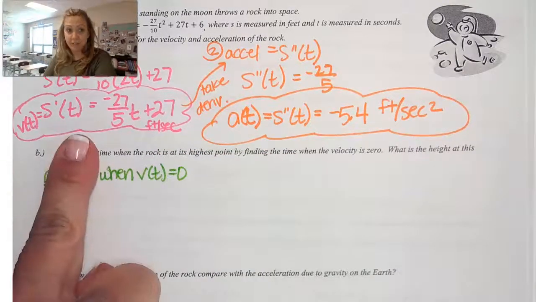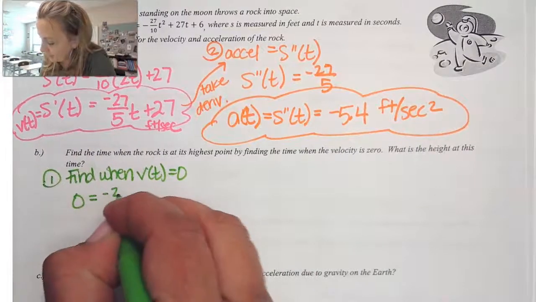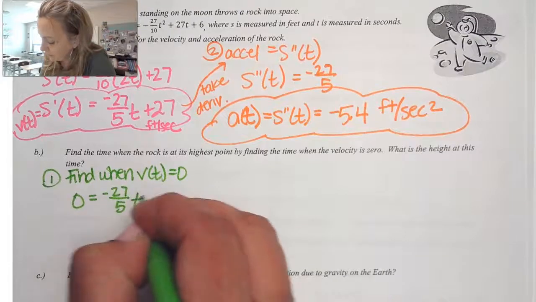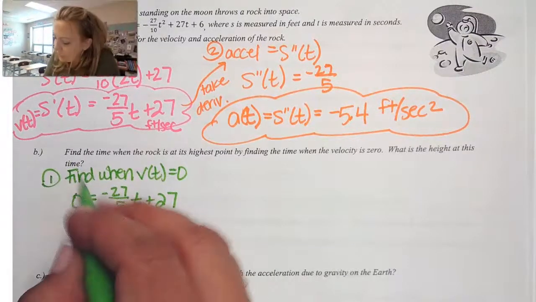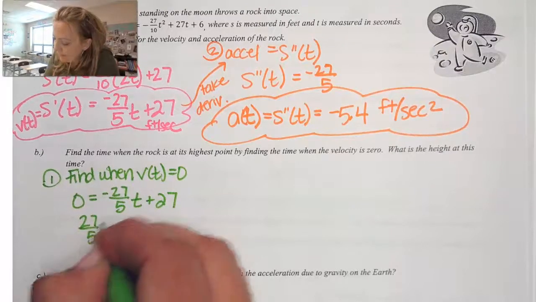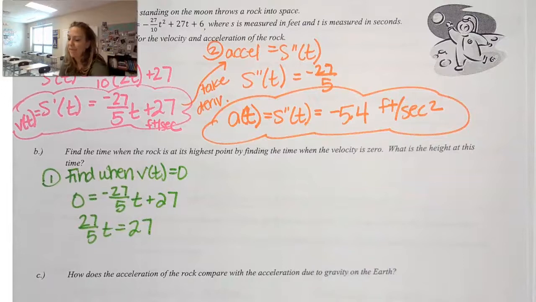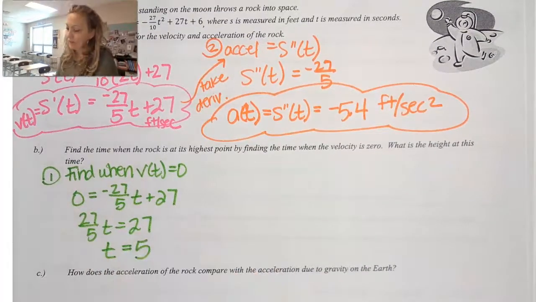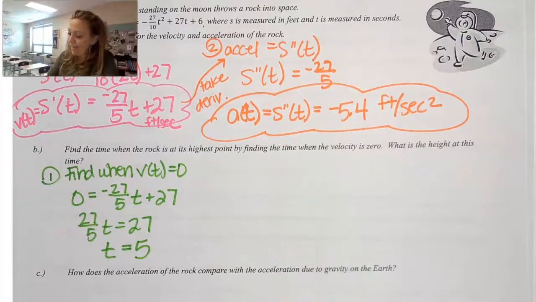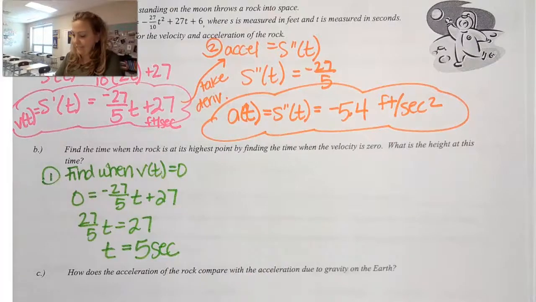We have an expression for v of t, so let's set that equal to 0. And we can solve. So I'm going to move the 27/5 t, and then I can multiply by 5/27, and I see that t is going to be 5. So I see that the velocity is 0 at 5 seconds.